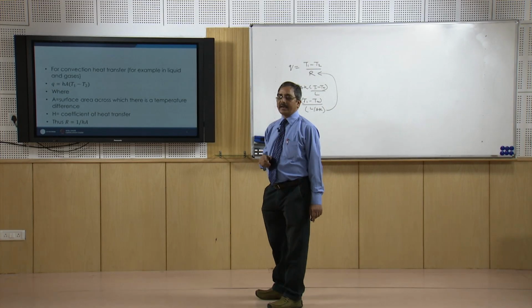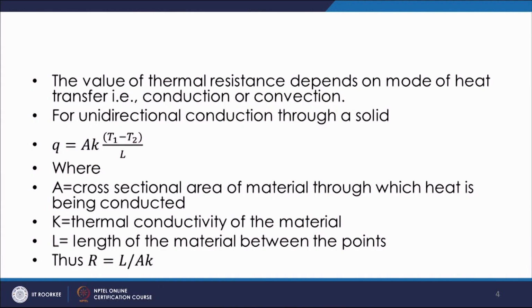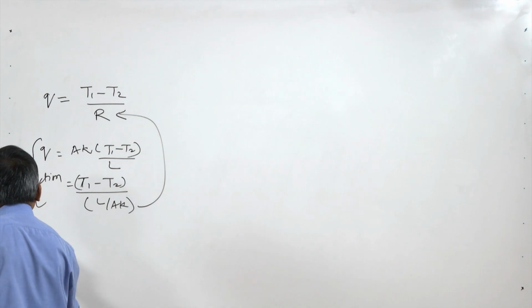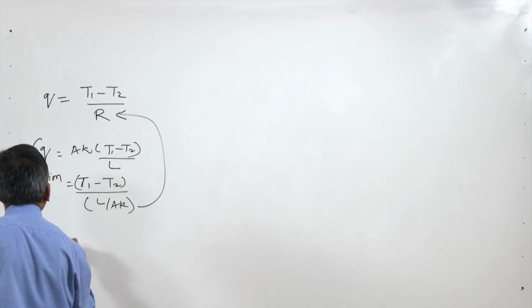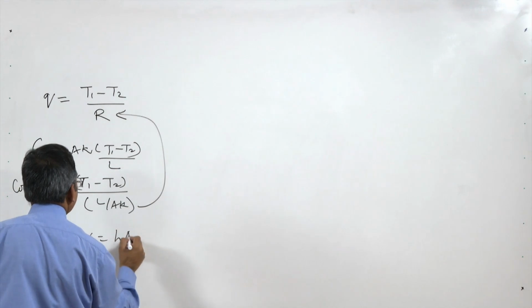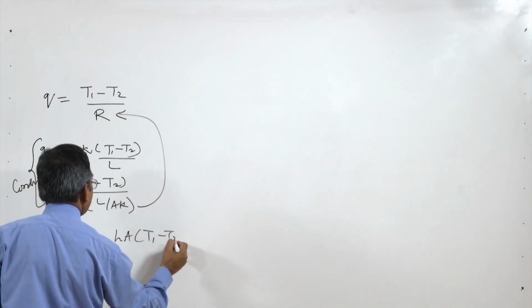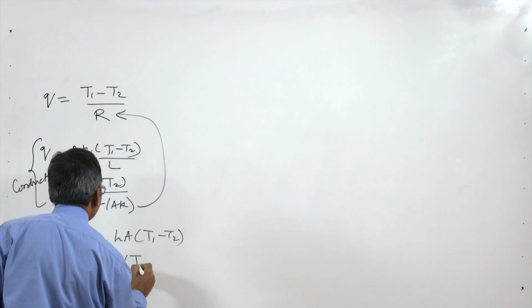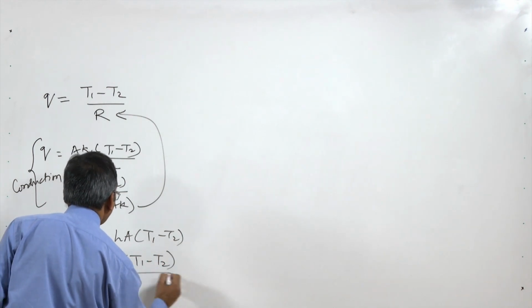For convection heat transfer, that is, heat transfer through liquids and gases, the relationship is Q is equal to HA (T1 minus T2). So, this is for conduction, and for convection Q is equal to HA (T1 minus T2), or I can write this as (T1 minus T2) divided by (1 by HA).